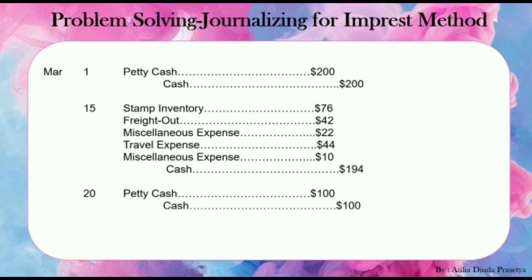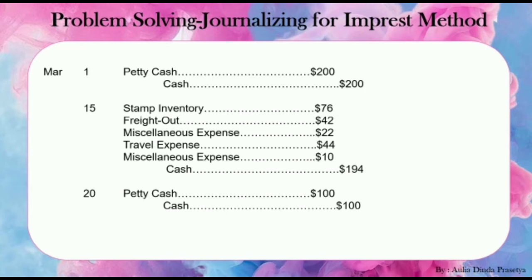Stamp inventory amounting to $76, freight out amounting to $42, miscellaneous expense amounting to $22, travel expense amounting to $44, and miscellaneous expense amounting to $10, to cash amounting to the total of the transactions, $194.